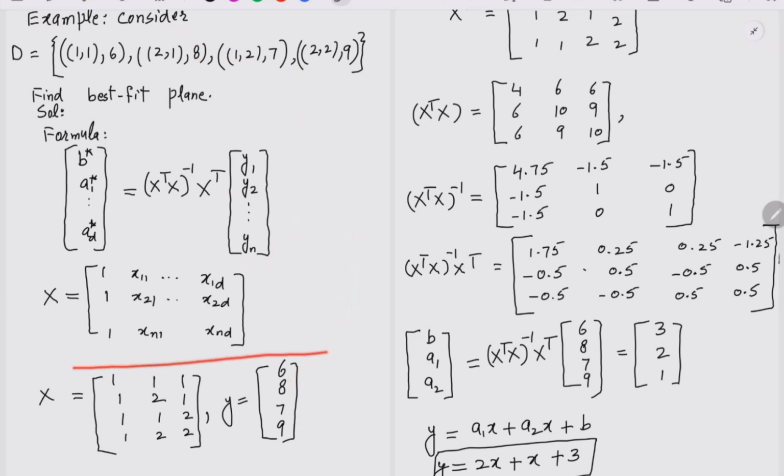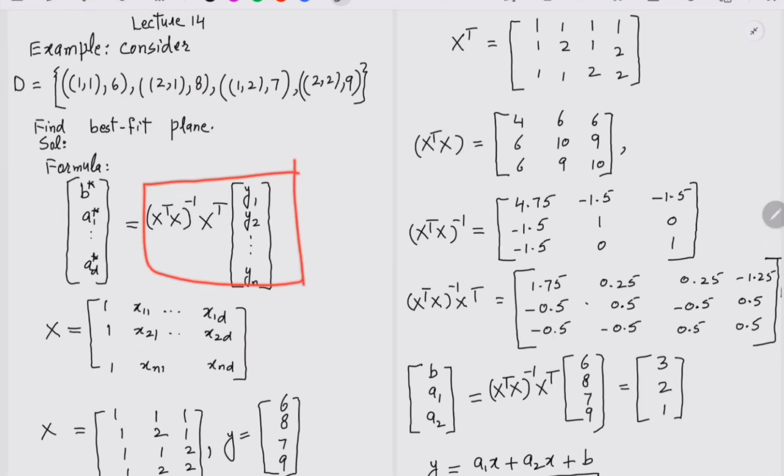So these are the matrices that you have to find first from the data. X contains all the features. The first column always has values 1, and all the other columns have features. Here we have 2 features, and 2 features will give us a plane. So now we have to use the right hand side.